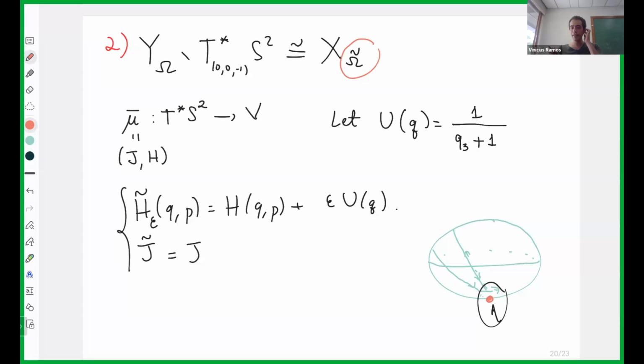But the subtlety here is that when you look at the loops that you need to apply the Arnold-Liouville theorem, the loops can't go to the South Pole. So you have to find a way to get a smooth collection of loops that includes the loops that go in the direction of the South Pole and come back.